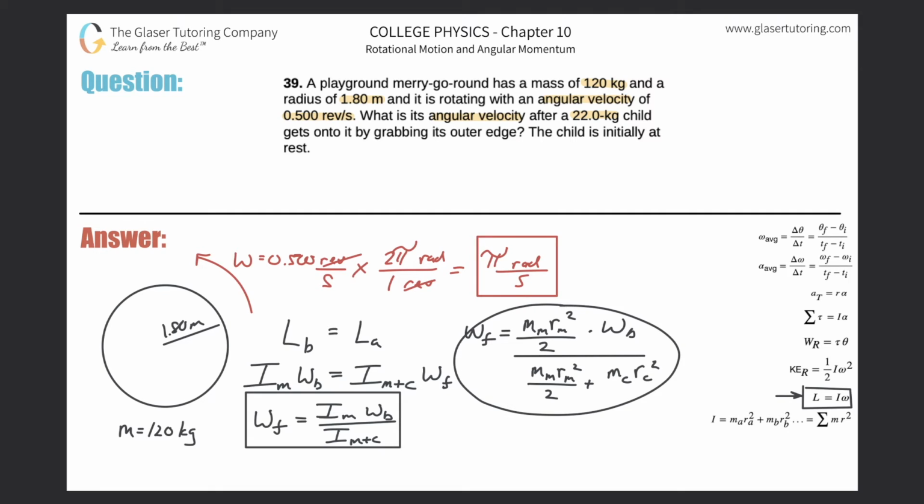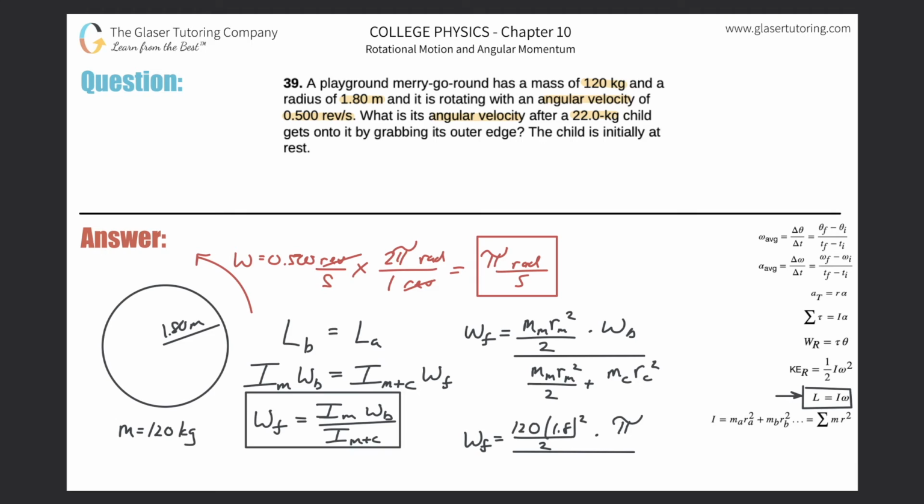Now here's the formula. We know everything, so we can plug everything in. Isn't it beautiful? The mass of the merry-go-round was 120 kilograms multiplied by the radius, which was 1.8, that whole thing squared, all divided by 2. Multiplied by the angular velocity before, which was just pi radians per second.